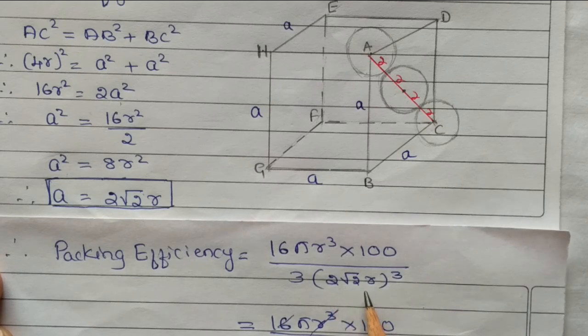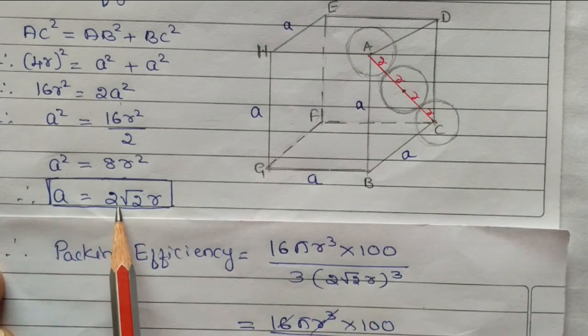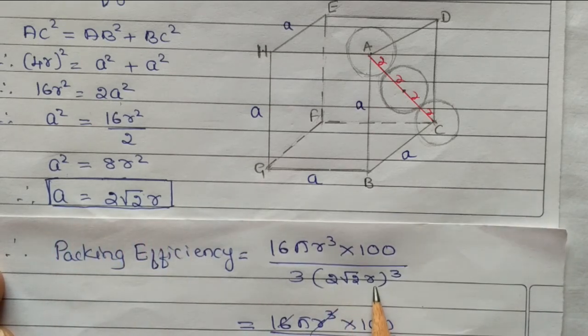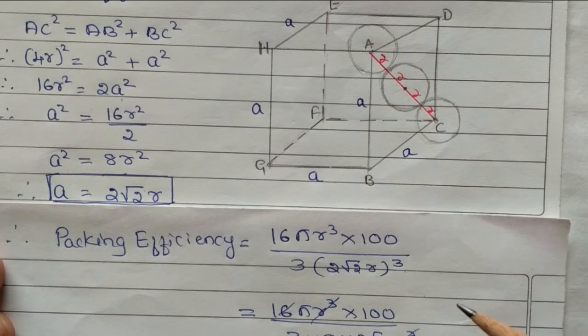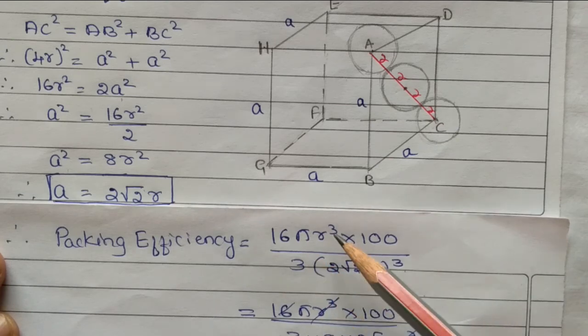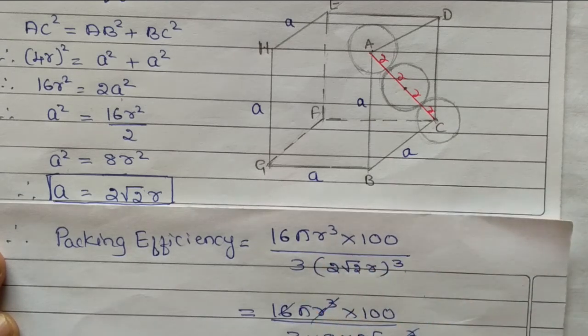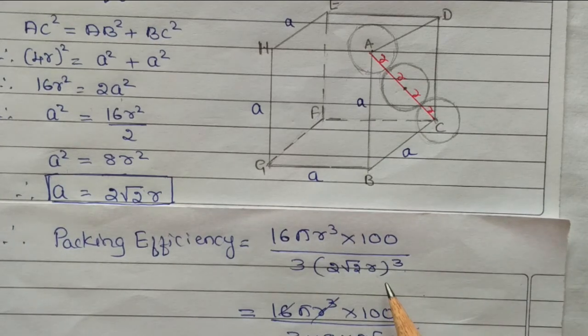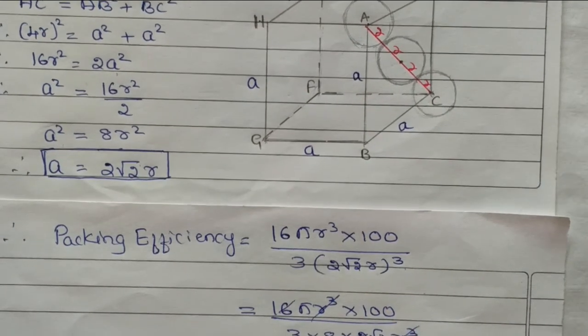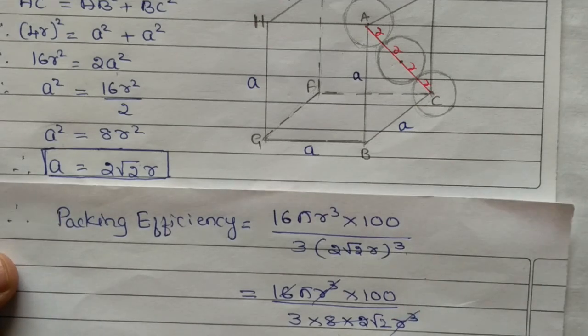With a equal to 2 root 2 r, use the bracket: 2 root 2 r whole cube. On substitution, 16 pi r cube into 100 stays as it is, 3 stays as it is, 2 cube is 8, root 2 cube is 2 root 2, and r cube is r cube.